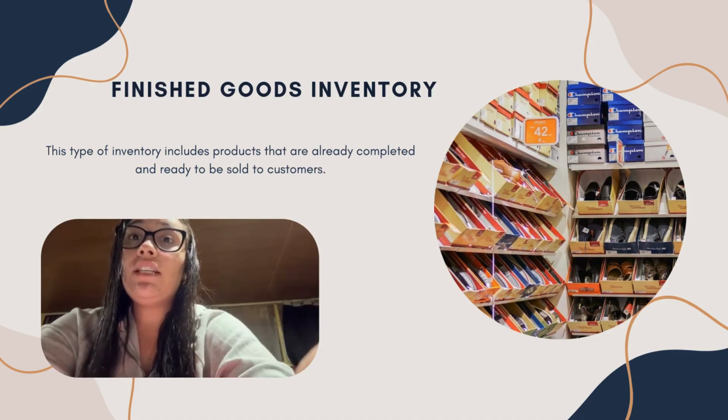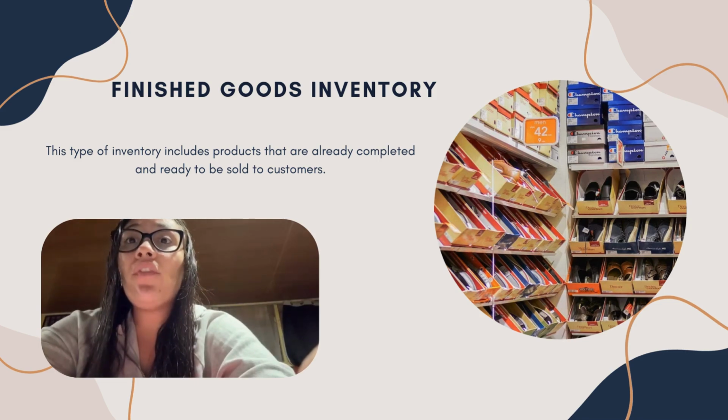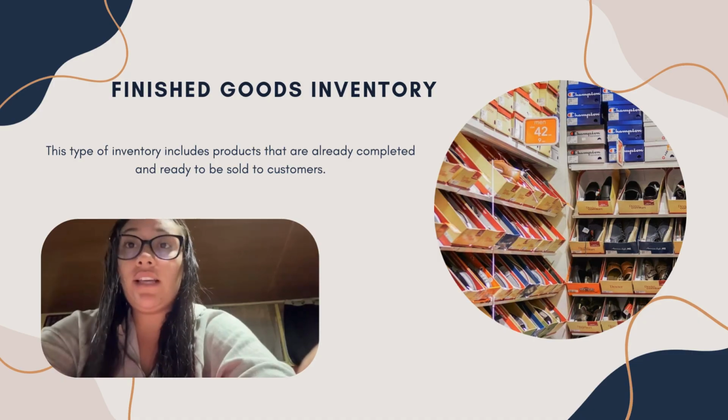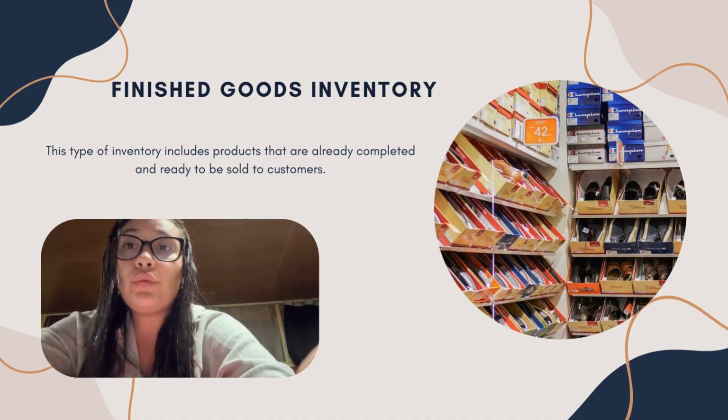Hello, my name is Liz Gutierrez, and today I am going to talk about finished goods inventory. This type of inventory includes products that are already complete and ready to be sold to customers. They are 100% finished. They include all production costs and they stay in storage until they are delivered or sold.